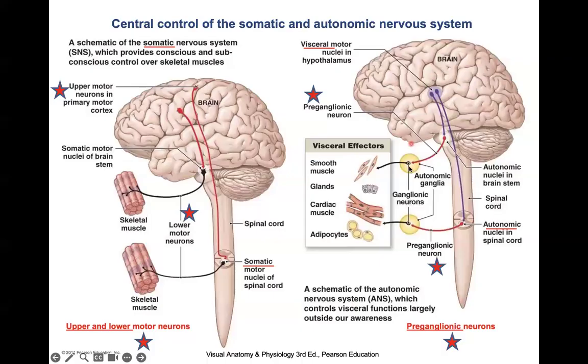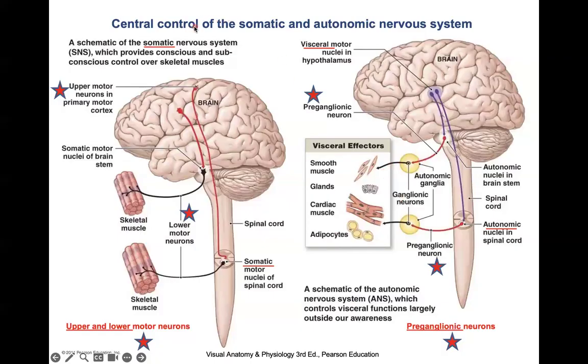Then here we have the autonomic ganglia. This is where we synapse on the second neuron, the postganglionic neuron. Okay, so then we have the affected organs: smooth muscles, glands, or cardiac muscle, adipocytes, and so on and so forth. So to summarize, preganglionic neurons, postganglionic neurons.